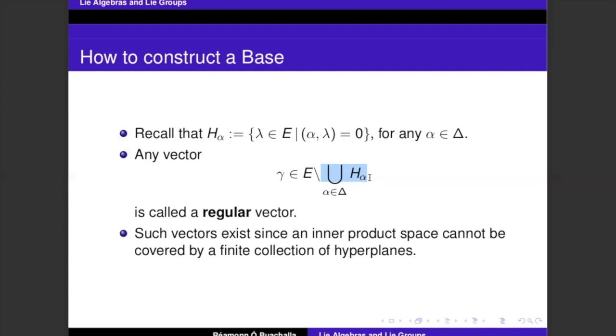So for the construction of a base, we're going to assume that we have dimension greater than or equal to 2. In that case, if you take a finite union of hyperplanes, then you can't cover the entire space. These hyperplanes are not big enough to do this. So if you take the union of them, that's not everything, which means there will exist something in the complement. Any such vector is called a regular vector, and we're going to use these regular vectors to construct bases.